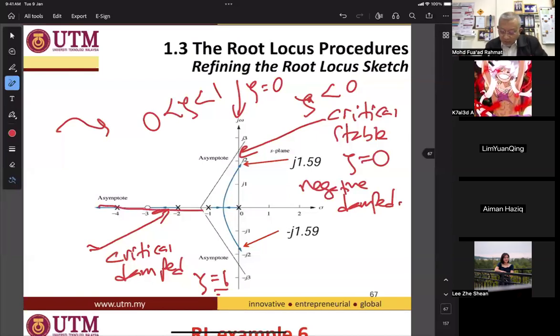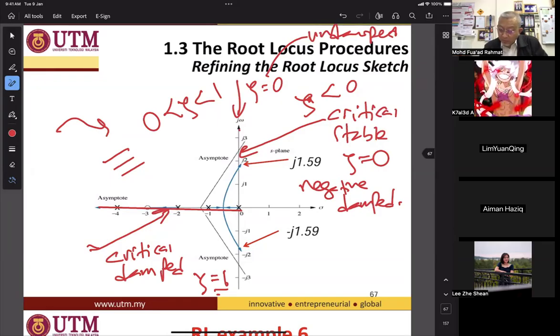I repeat, saya ulang. At the real axis here, zeta equal to 1, critical damp. At this quadrant is underdamped. At imaginary axis is undamped. And on the right-hand side is negative damp. That is the definition of damping.